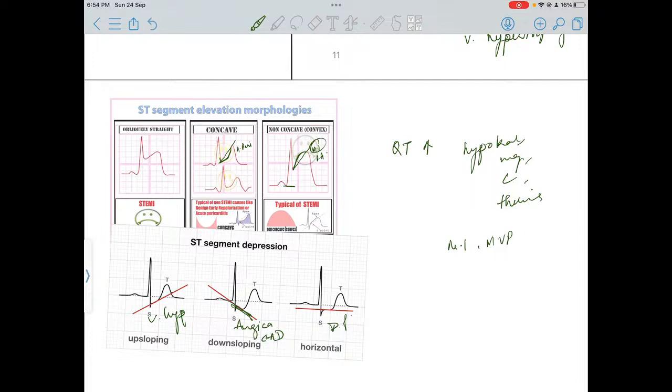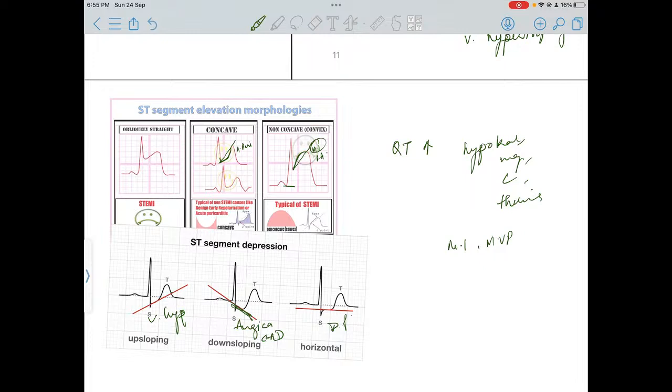Now P waves: the P wave is inverted in aVR. Tall P waves indicate pulmonary disease, COPD, RA enlargement, that is right atrial enlargement. If wide, more than 0.1 second, then it is left atrial enlargement, LAE, as in mitral stenosis; the P wave is notched.